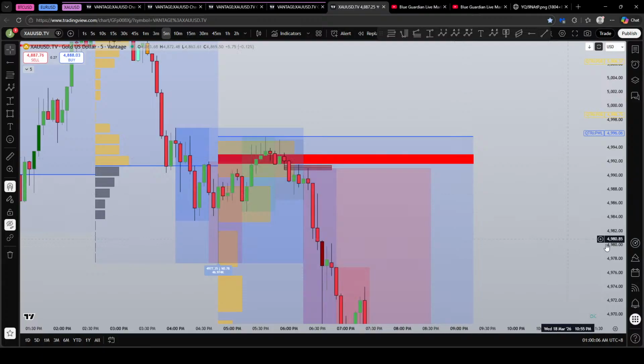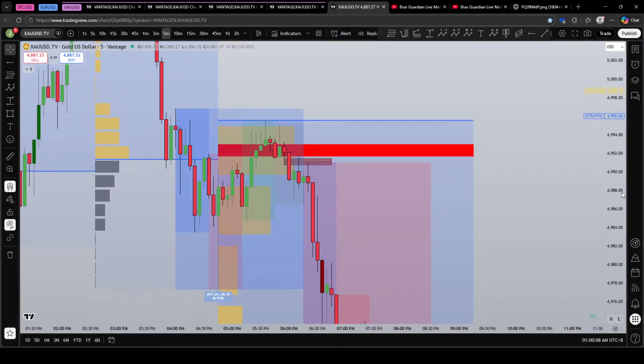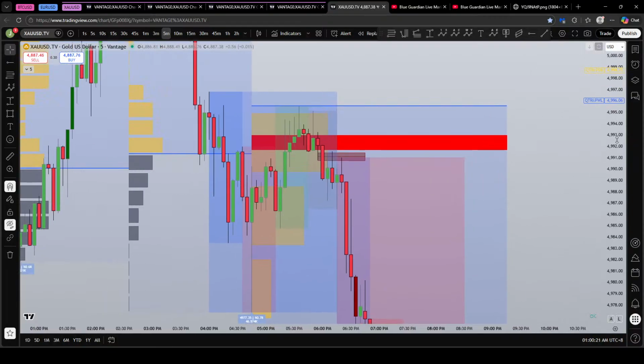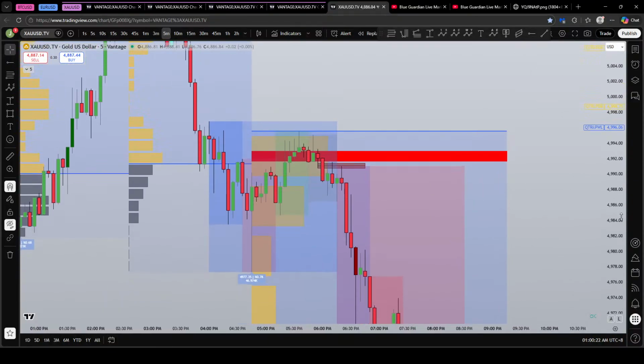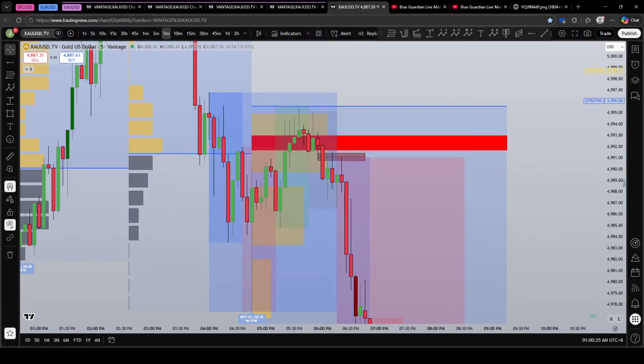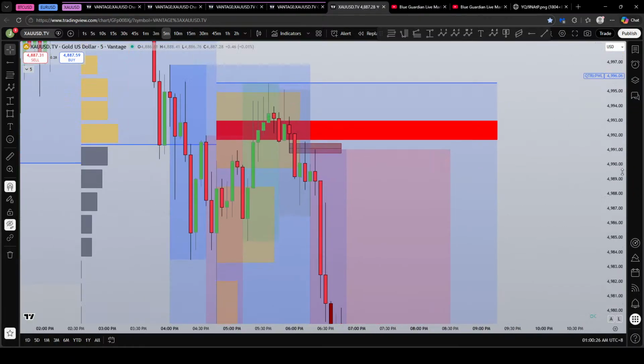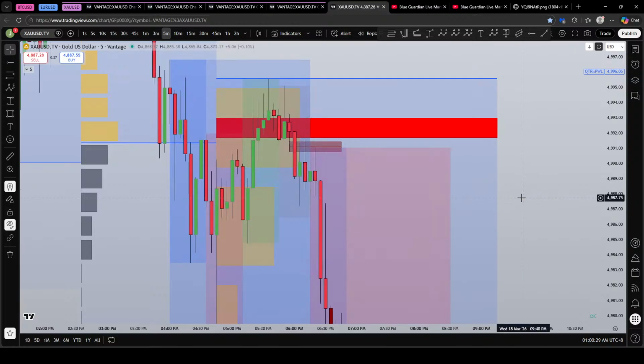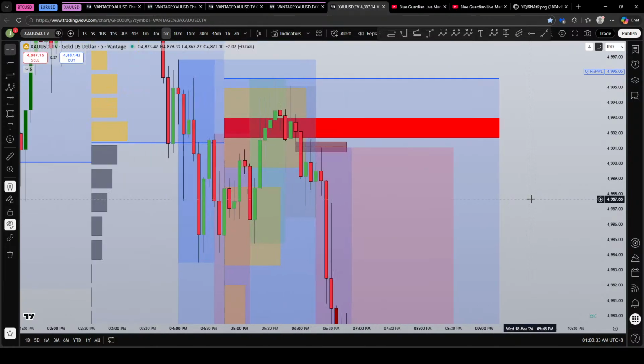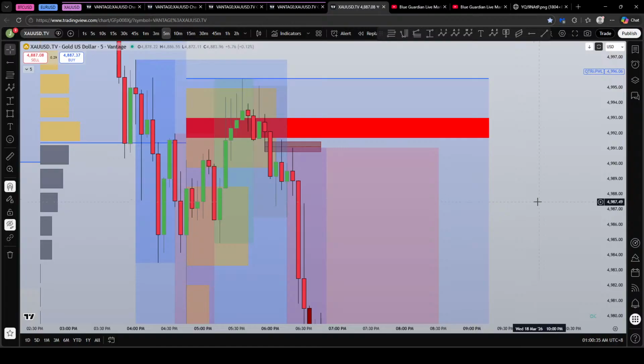That's the reason why I consider an implied fair value gap as a statistical fair value gap, because the rarity of this to appear is not like an ordinary fair value gap and an inversion or inverse fair value gap.